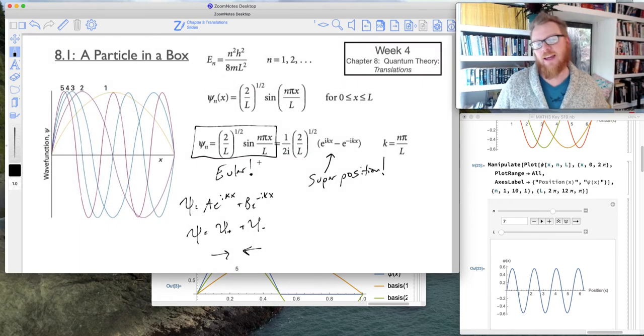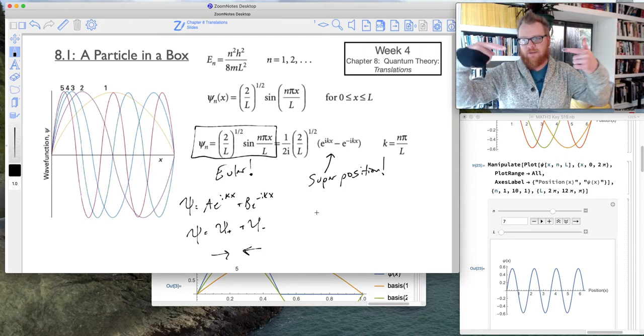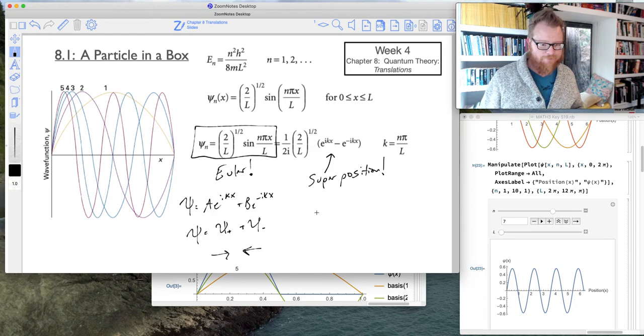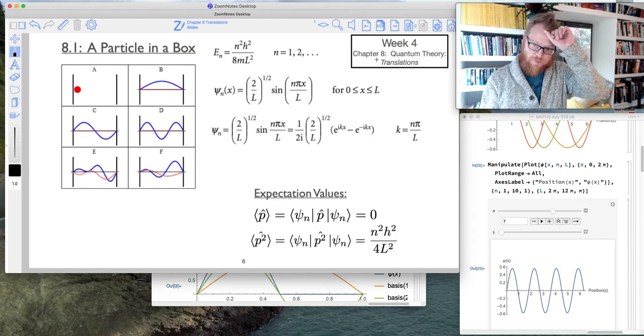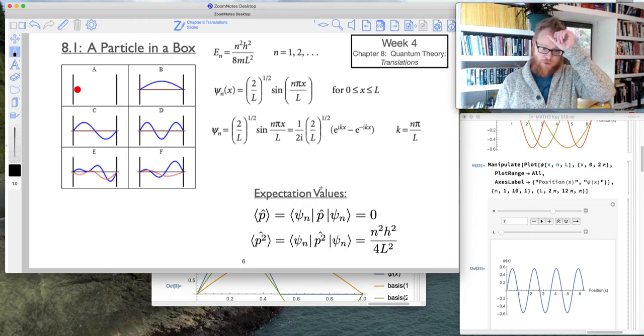If instead of thinking of this as a pure sine function, we recognize that really this sine function is a superposition of these e to the ikx, e to the negative ikx functions, which we also established describes particles moving left and particles moving right. And this gets even cooler now. If you're following with me, I hope that you are. Stick with it here.